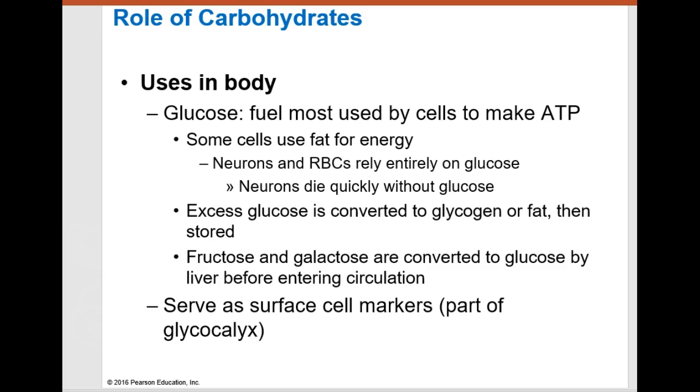They can use fatty acids, but they don't like it, which is evidenced by things like headaches and nausea, dizziness, fainting, coma. And then some of the other monosaccharides, like fructose and galactose, are converted to glucose before we use them to make ATP. We've also seen carbohydrates as part of the glycocalyx.